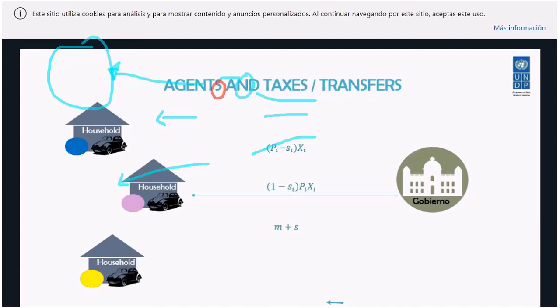So the government could design a policy and say, you know what, instead of paying that full price, let's say I will cover half of the price. So that's a subsidy in amount, right?